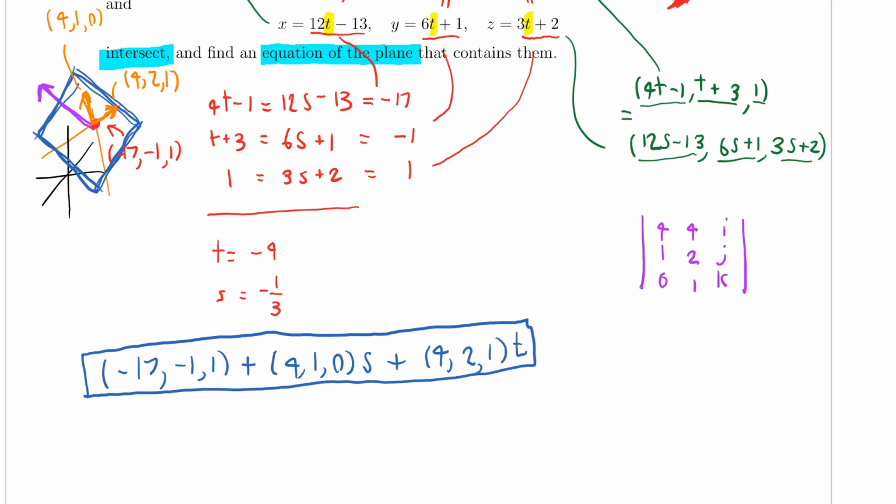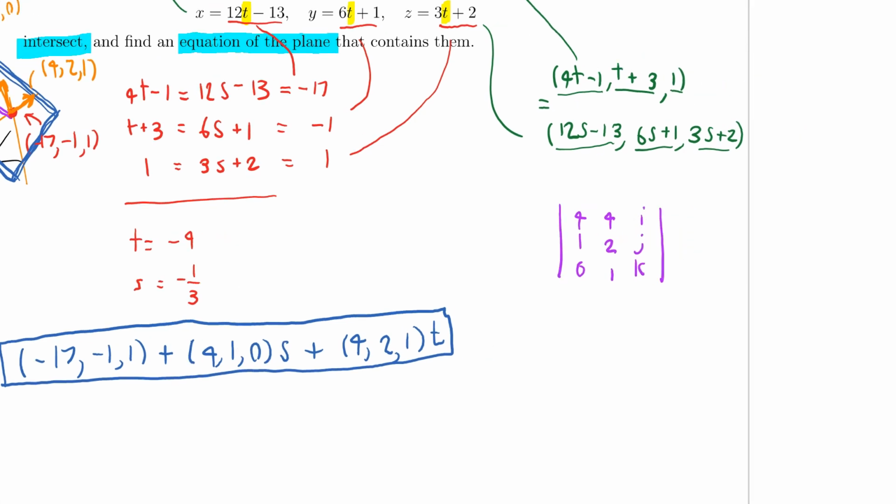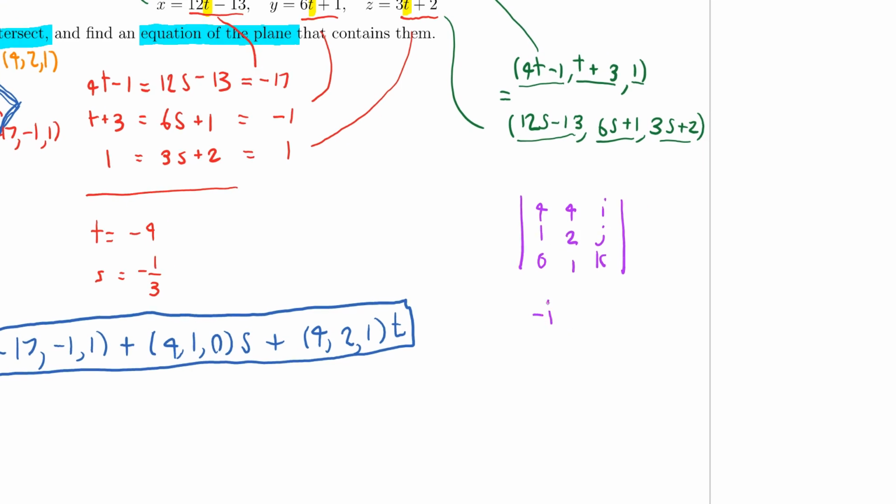I compute the determinant, and that is going to be -i, and then -4j, and then for the k, I'm going to have 8 minus 4.